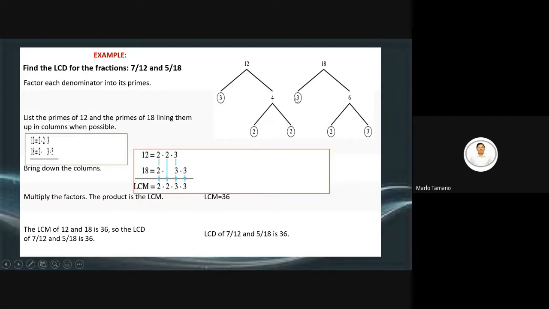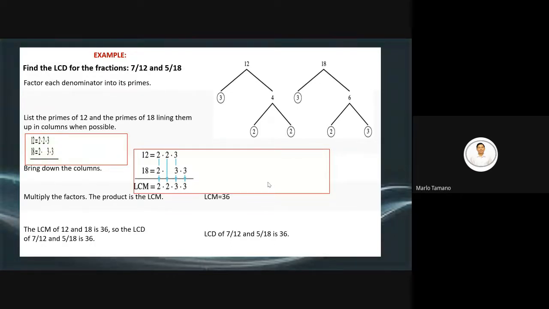The 3 is already prime. Now, so kailangan pa rin i-factor yung 6. So 2 times 3. Tapos bibilugan na natin lahat. No, yung 3, 2, and 3 are already primes. Okay po.